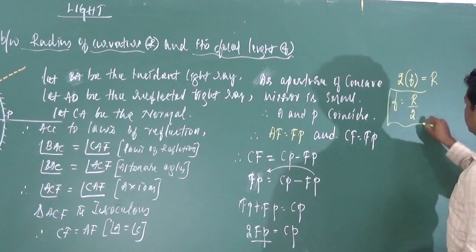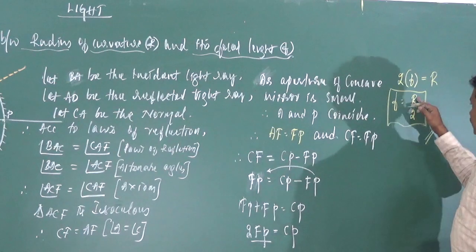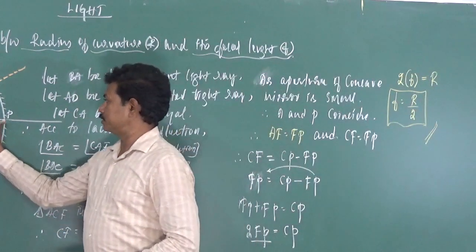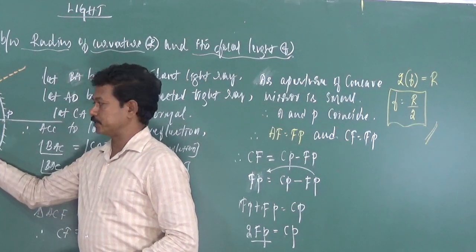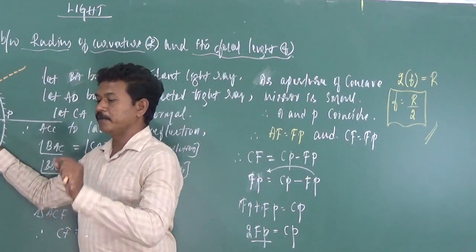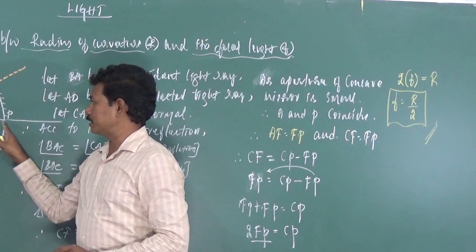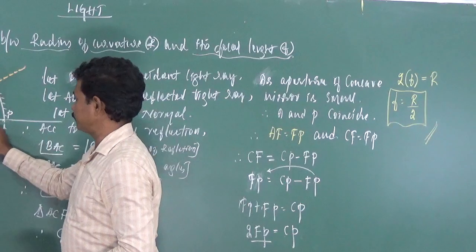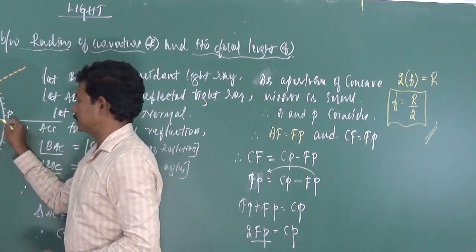So here F is equal to R by 2. That is, focal length is always half the radius of curvature. The principal focus will always be at the center, joining the center of curvature and the pole of the mirror. That is, this length F, what we get as focal length, is always half the length of CP.